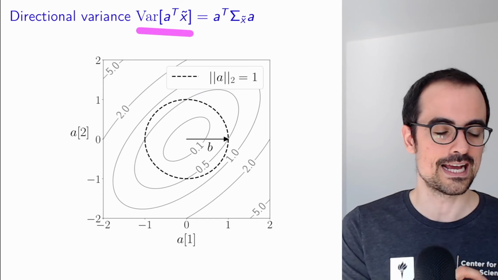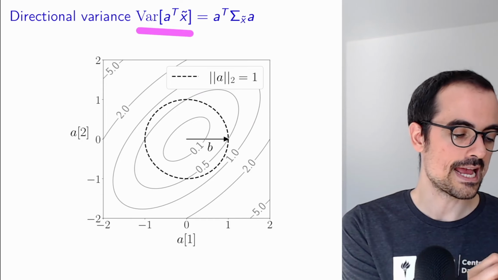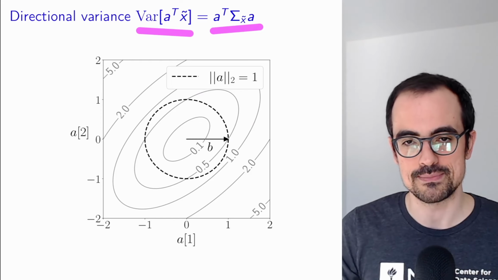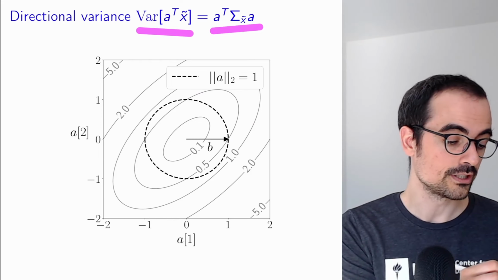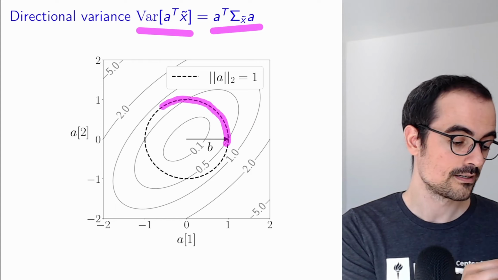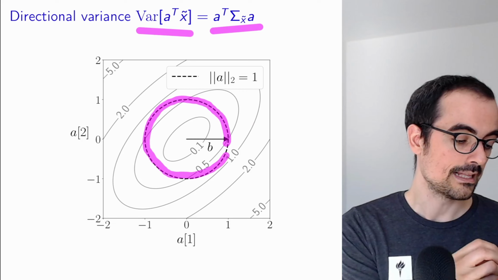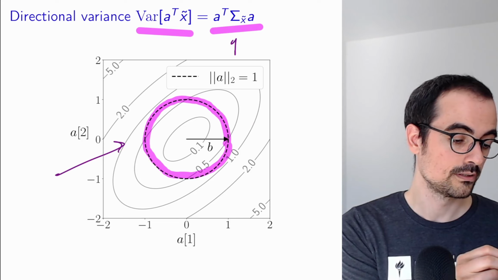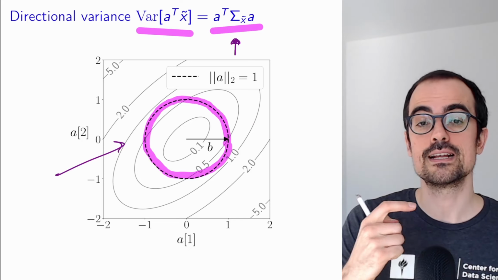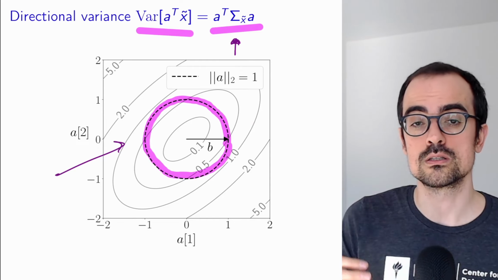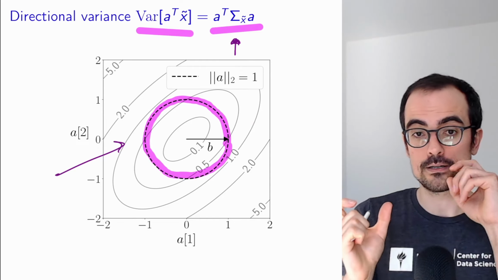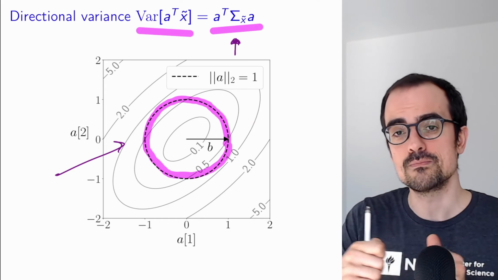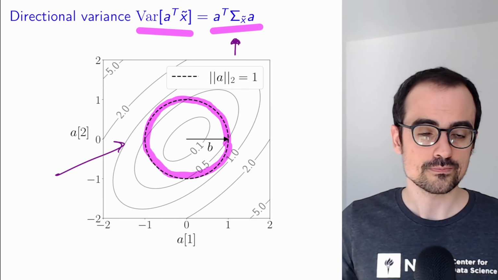So this variance of any inner product between A and X is actually given by A transpose times the covariance matrix times A. So now I can consider all possible values of A here in this unit circle, and this function that I have plotted here gives you the value of the variance in every possible direction. Why do I focus on the unit circle? Because those are unit norm vectors. When I take the inner product with a unit norm vector, that tells me the variance in that direction, okay?